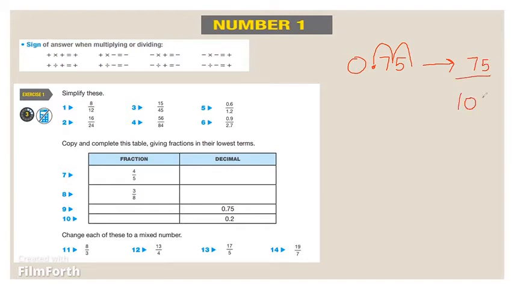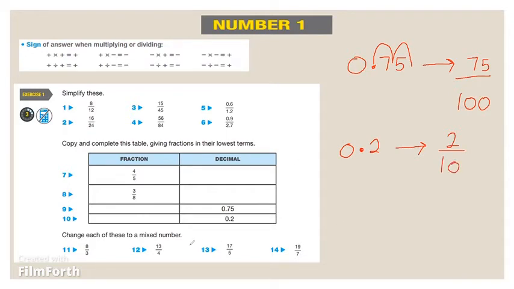Right? So similar like that. Now just imagine if I have 0.2. Now according to this decimal, I have only 1 decimal point. So therefore I can write it 2 over 10. So that is how we do it, right?